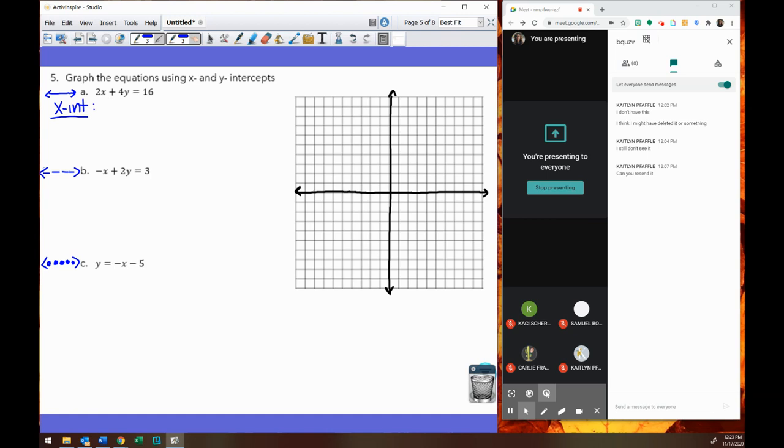So we don't even have to worry about it. So when I'm looking for the x-intercept, we have 2x equals 16. So what's your x value have to be? 8. So that means your x-intercept is the coordinate point 8, 0. Draw it in on your graph. So when I plot that, I have 1, 2, 3, 4, 5, 6, 7, 8, 0.